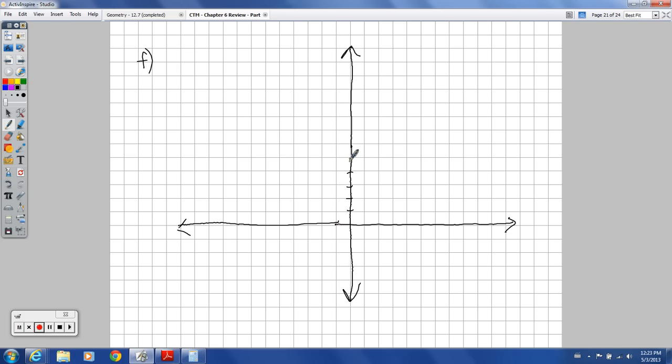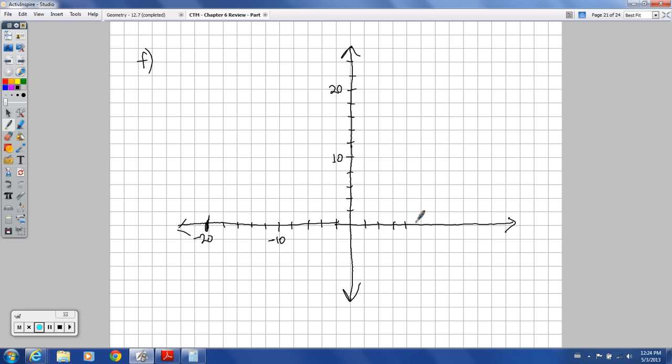So this is 2, 4, 6, 8, 10 right here, 2, 4, 6, 8, 20, and so on. And down, -2, -4, -6, -8, -10, and so on, 12, 14, 16, 18, -20 right here.